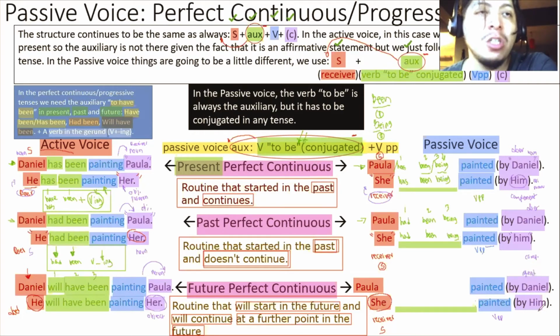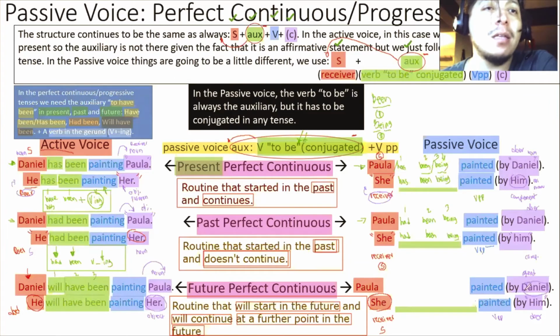What is the agent? The agent is the doer of the action. Yes, the doer of the action in the active voice was the subject. In the passive voice it is just a complement. Because it is a complement and is not the subject, if we want to replace Daniel with a pronoun, we use an object pronoun. We use him, okay?